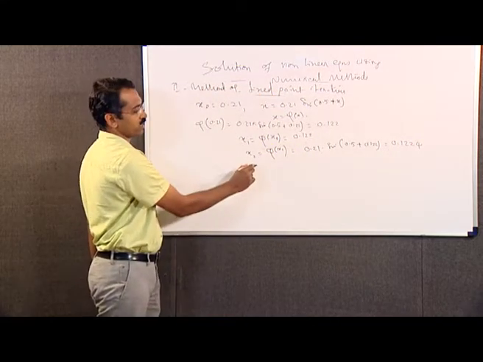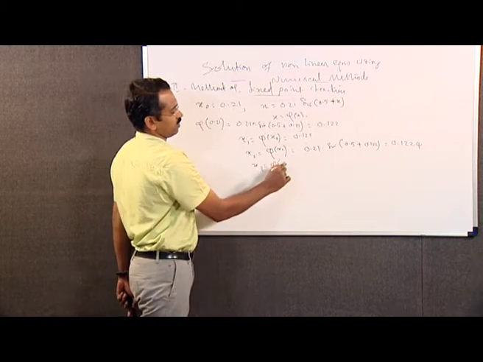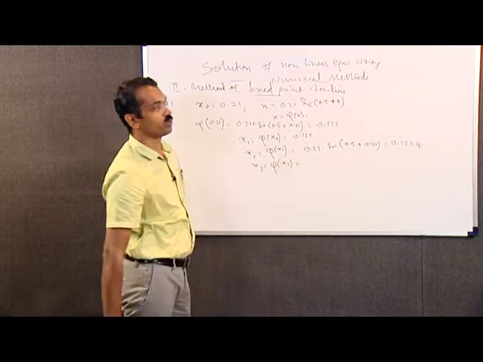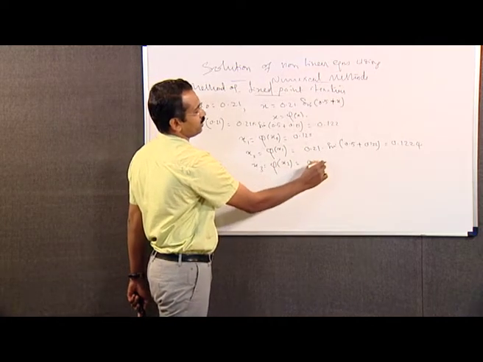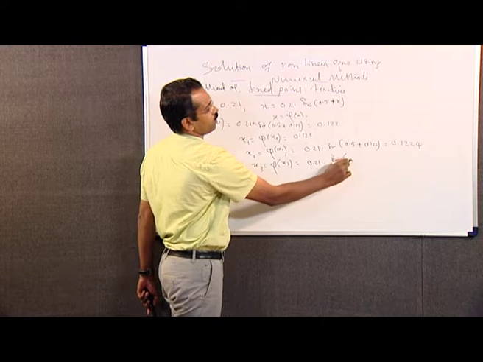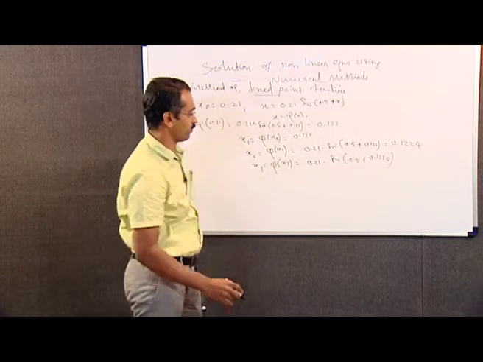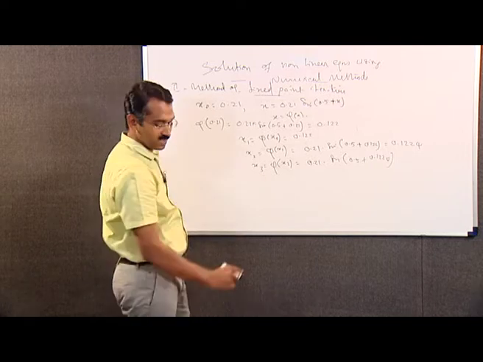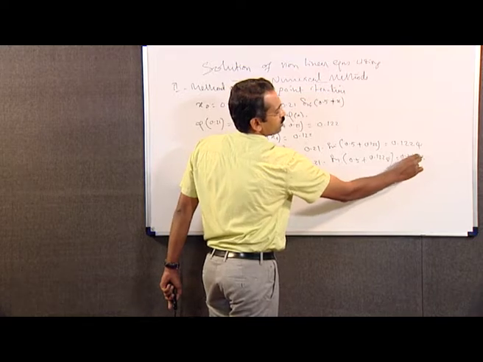Now x 3 is equal to phi of x 2, that is phi of 0.1224, that is equal to 0.21 into sin 0.5 plus 0.1224. On simplification, we will get x 3 as 0.12242.